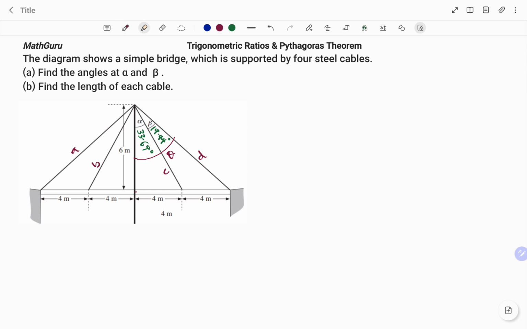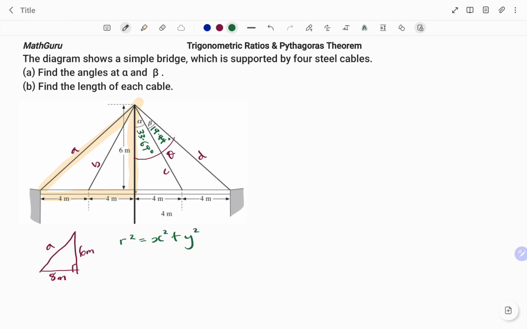So I will use the bigger triangle as shown, and then draw out a rough sketch. I have my 90 degrees, I have my A, I have the height of the pole, which is 6 meters, and the total distance for my base, that's 8 meters. So using my Pythagoras theorem that states that the hypotenuse squared equals the sum of the square of the other two sides.